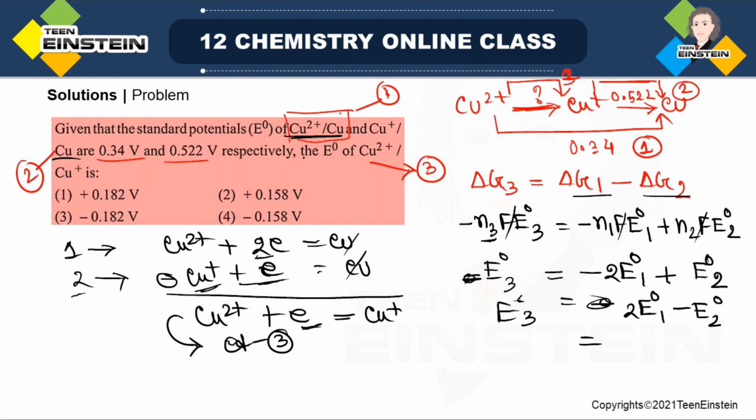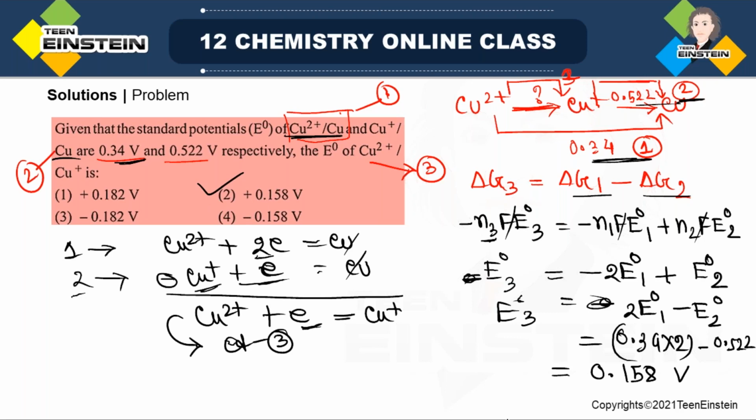Now E1 is 0.34, so 0.34 multiplied by 2 minus E2. E2 is this value 0.522. So after calculation you will see it will be 0.158. So it is matching with option 2.